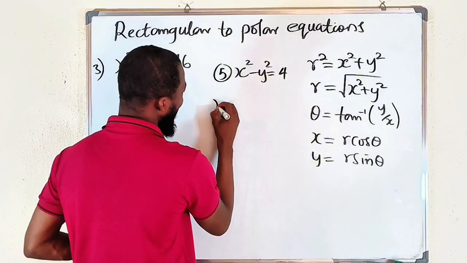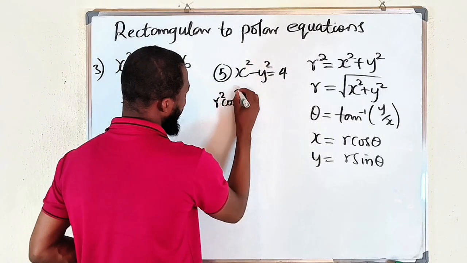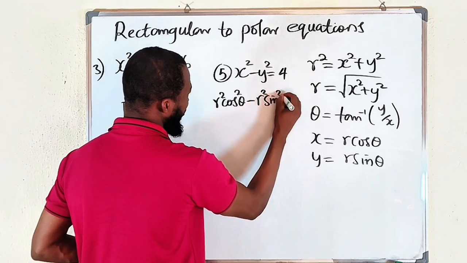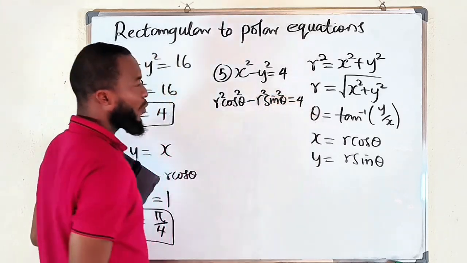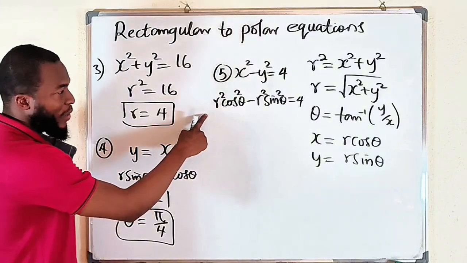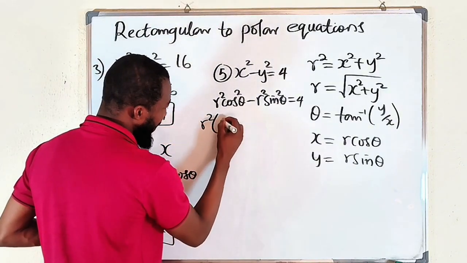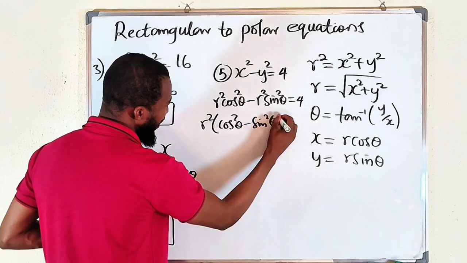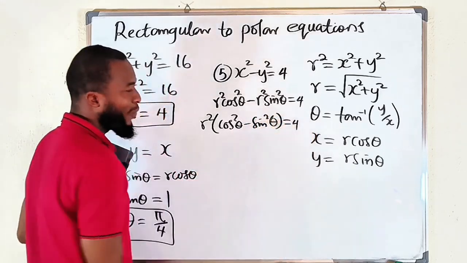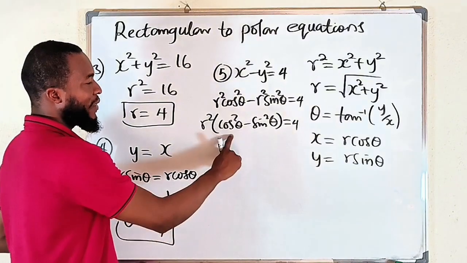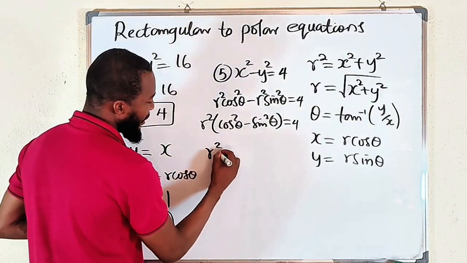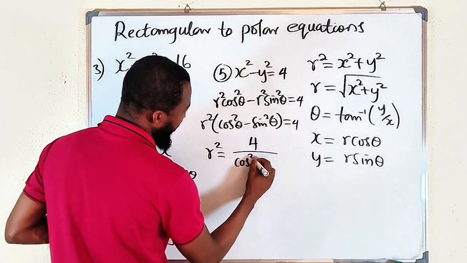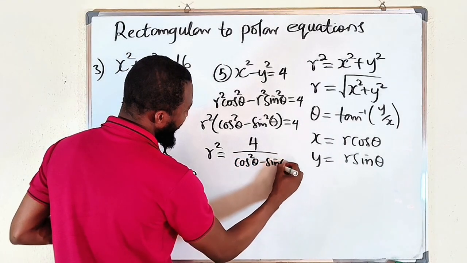We can write it as r squared cos square theta minus r squared sine square theta equal to 4. Then you can factor out r squared, right? So you have r squared, inside you have cos square theta minus sine square theta, and everything equal to 4. Divide both sides by this. So you have r squared equal to 4 divided by cosine square theta minus sine square theta.